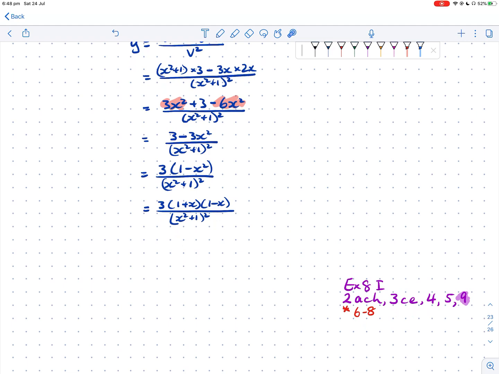Work through these questions. This question 9 that I've highlighted here is actually part of the challenge bit, but I'd like you to have a go at it. It's bringing together all these ideas of your normal differentiation, chain rule, product rule, and quotient rule, and you want to look at each of the functions and work out which is the best method to be using, because sometimes one method will be much more efficient than another.